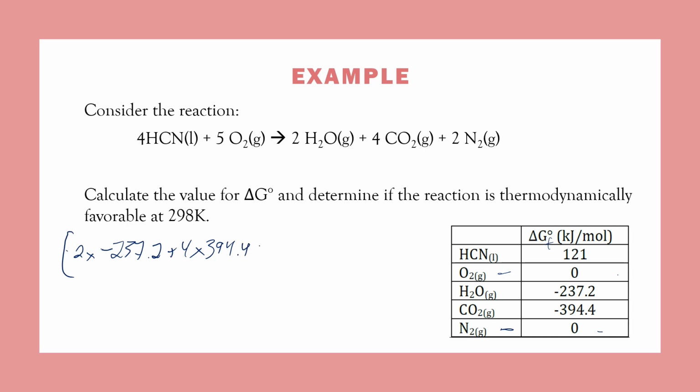And then nothing for the nitrogen because it's 0, minus the reactants. So 4 times the HCN is 121, and nothing for the oxygen because it's 0. So when you solve that, you get negative 2,536, and that's kilojoules per mole. And so yes, the reaction is thermodynamically favorable because it is a negative value.